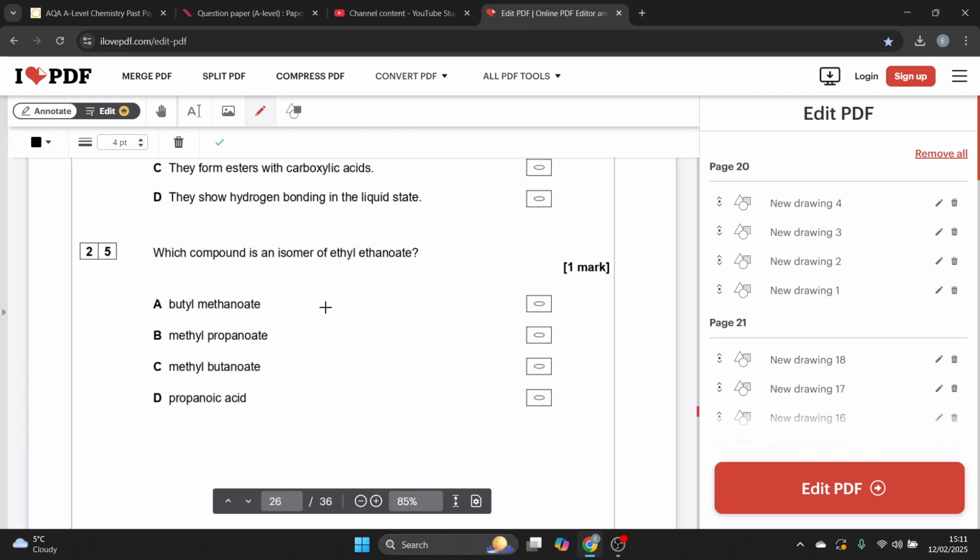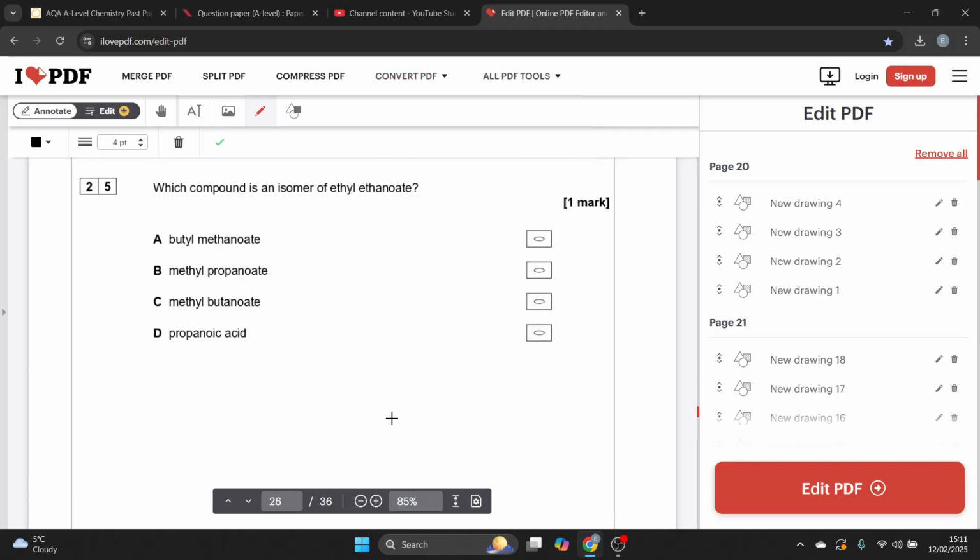Which compound is an isomer of ethyl ethanoate? Ethyl ethanoate. This is an ester, right? So first thing is drawing it out.